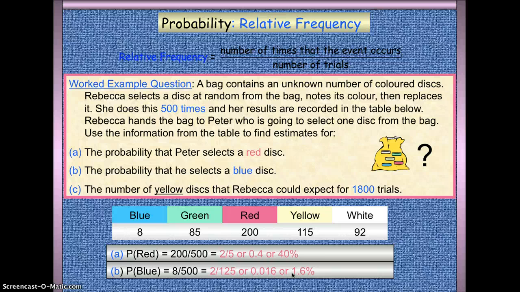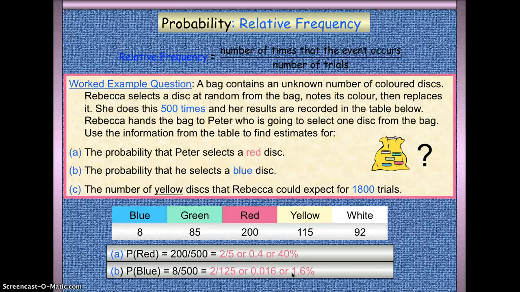For letter C, the number of yellow discs that Rebecca could expect for 1,800 trials. So if she keeps on getting a disc from the bag and then returning it, how many times will she get yellow?